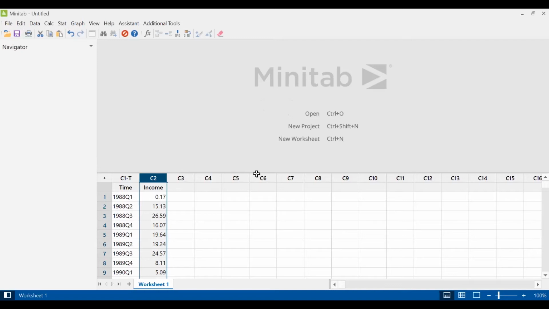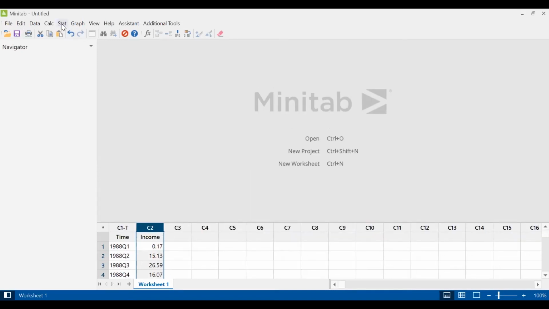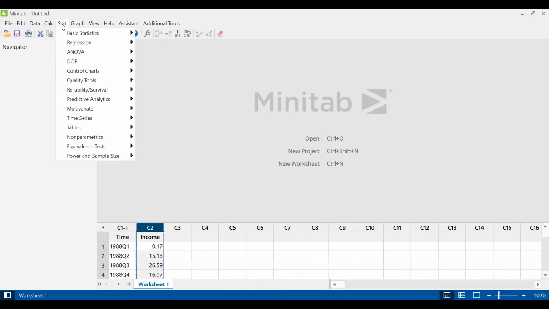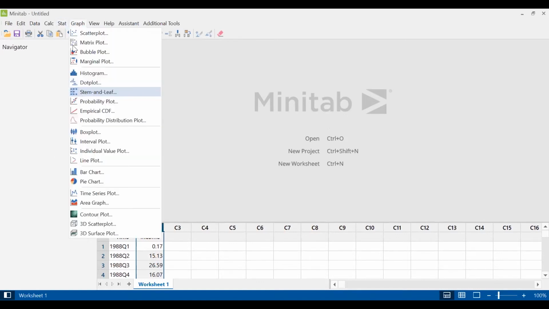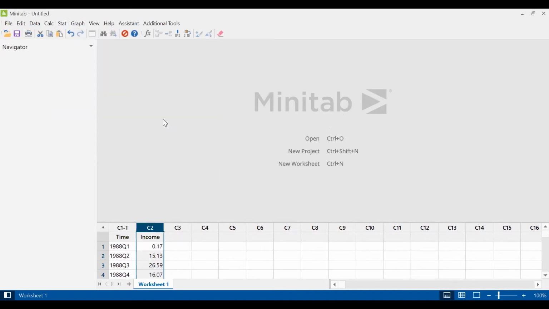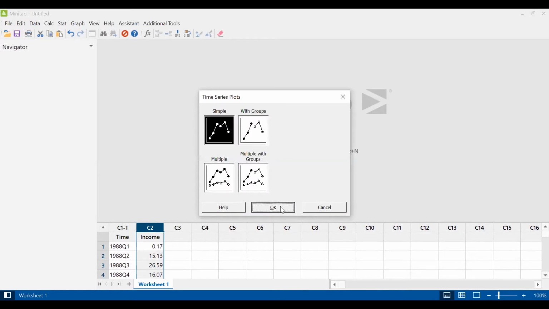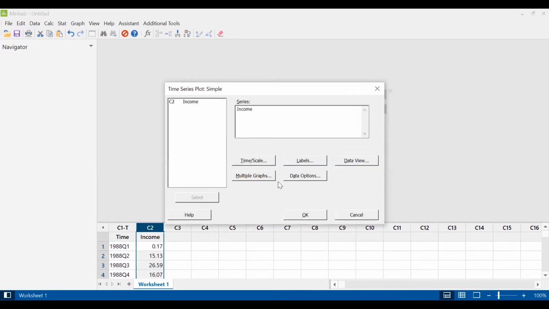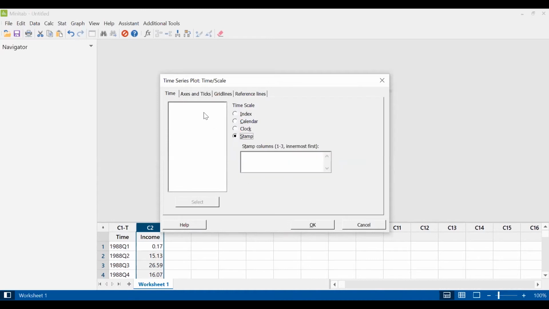We want to start with a time series plot for part A. So let's do Stat, Time Series, and then pick Time Series Plot. And we want the simple one. Let's double click on income to get it. I would also like the stamp.